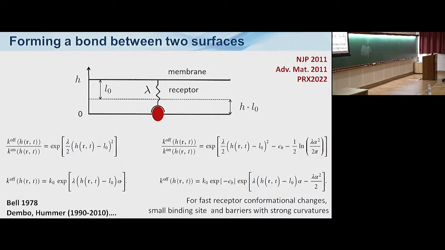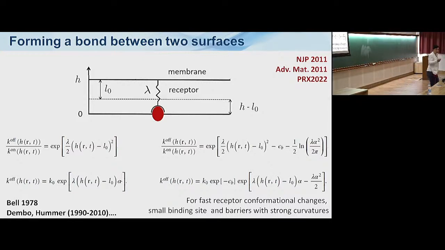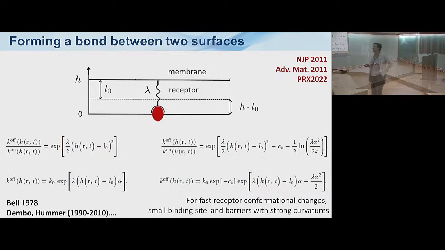Now, this bit over here comes again from the entropic argument in the off rate. Please note and remember, the off rate goes linear in the displacement. The on rate goes quadratic in the displacement. Okay? That's the important thing that you need to try to put into your head. At least according to this model, right?